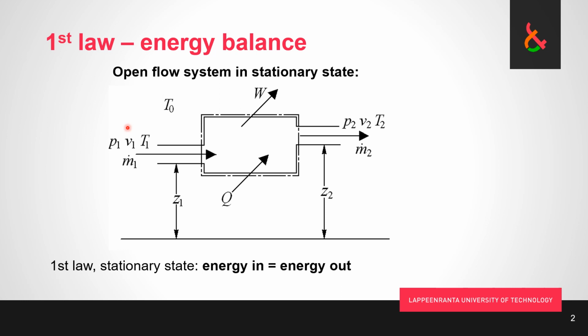So typically we know pressure and temperature as the measure, and then that means that we can define everything else. And then we have W, that means work, and Q, that means heat. And we're at some height Z1 at entrance and some different Z2 at the exit. Okay, so what's going in and what's going out?